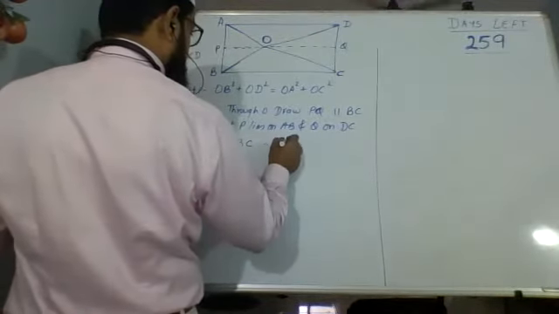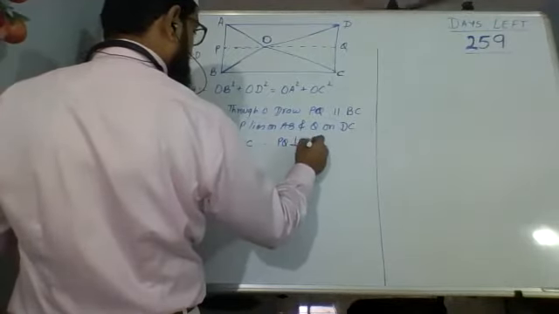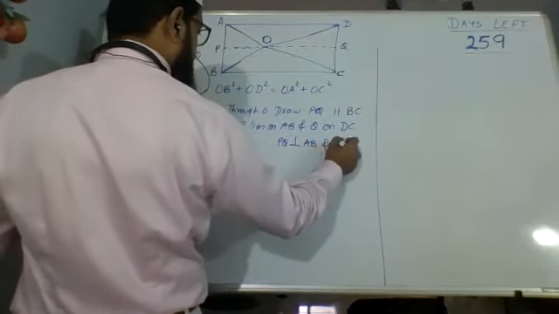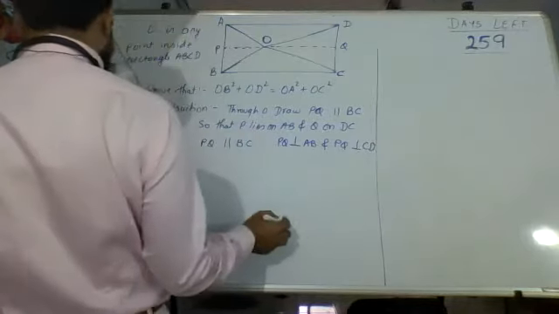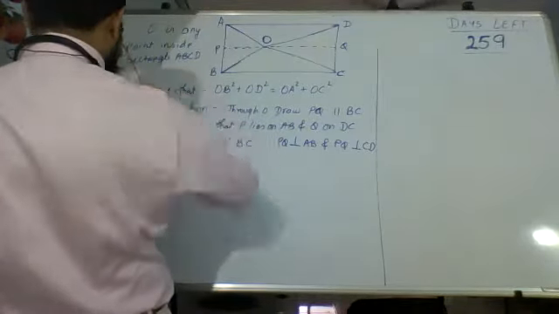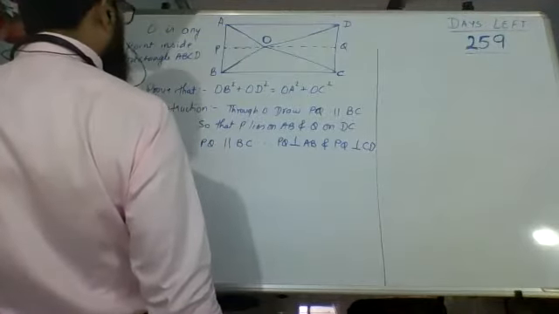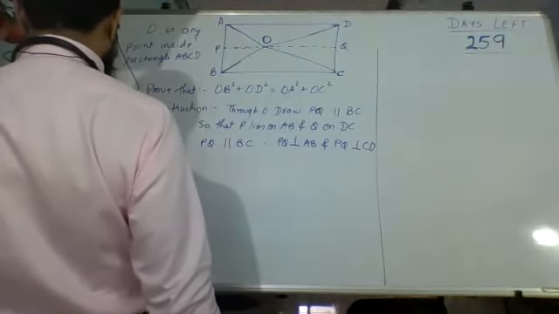Therefore, PQ is perpendicular to AB and PQ is perpendicular to CD. Okay, that is angle B and angle C are 90 degrees also.